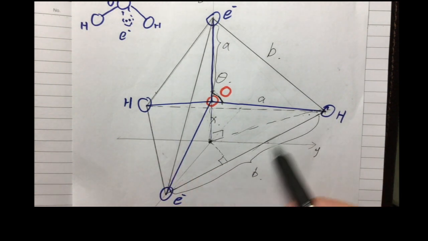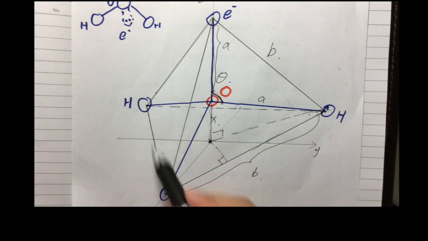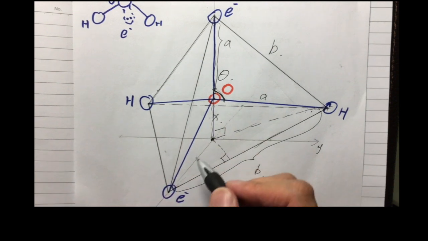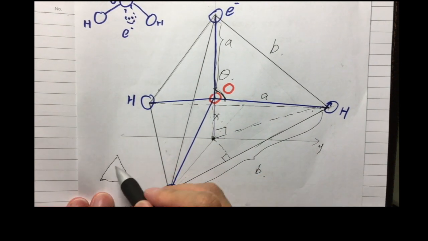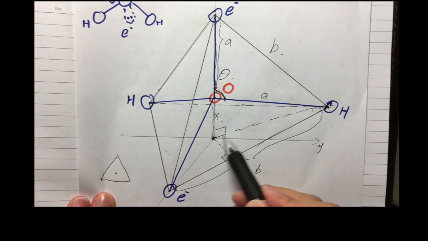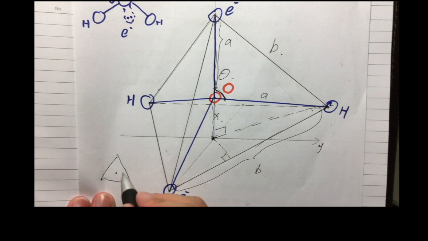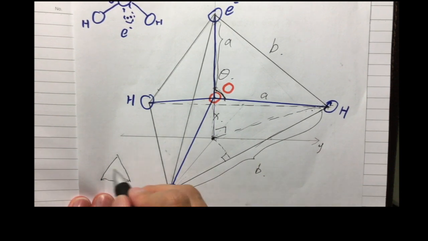For this right triangle, we know it's inside this triangle, and this triangle is an equilateral triangle as well. We draw it at the side. It's an equilateral triangle, and this point is just at the center, right? We connect these two points, and we draw this perpendicular line.